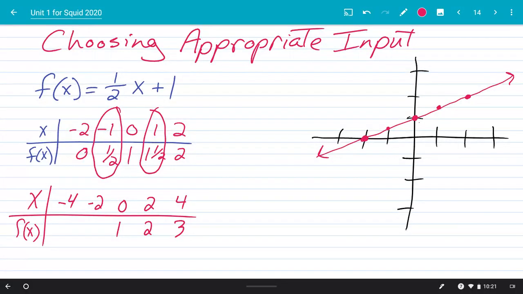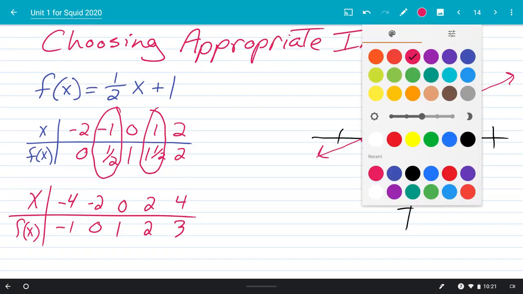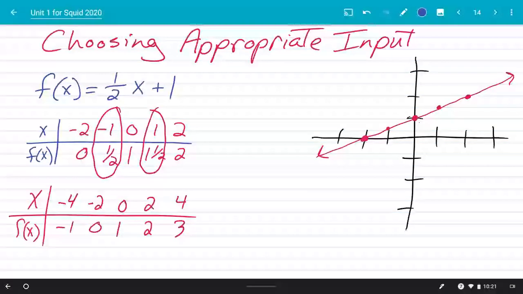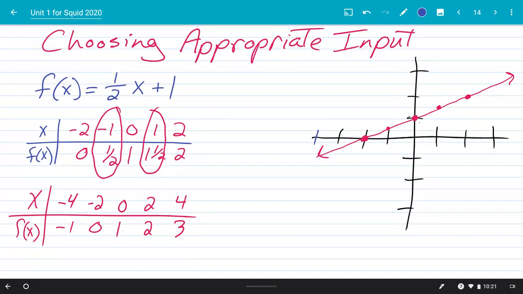Do you see the pattern going up? 1, 2, 3. What's the pattern going down? Down by 1. So that would be 0 and, anybody? -1. Now I want to graph those in, I don't know, blue. -4, -1.